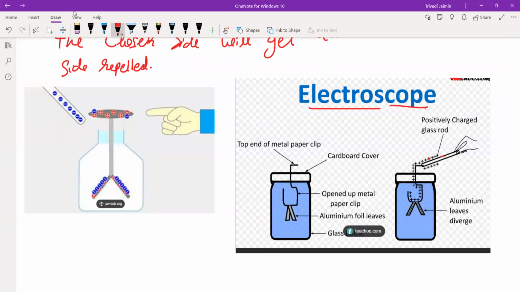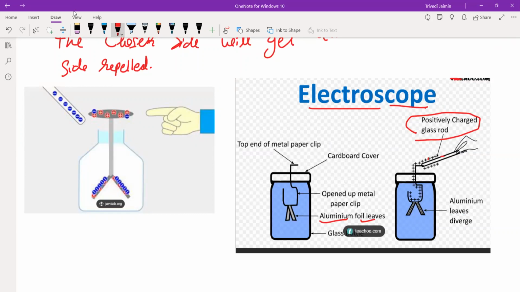Okay, this electroscope is specially for finding what type of charge a rod has. I mean, to find the charge of the rod. So when we are bringing the charged rod, we don't know what charge it is.